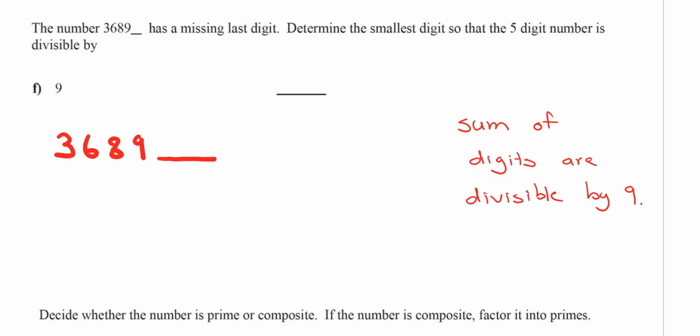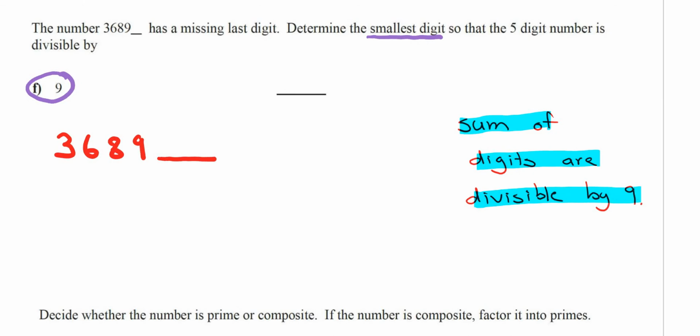Okay, let's do the last one here. Now we have to find the last number such that the overall number is divisible by 9, and once again we want to make sure it's as small as possible. For a number to be divisible by 9, the sum of the digits has to be divisible by 9. Very similar to a number being divisible by 3, we have to add up all the numbers.